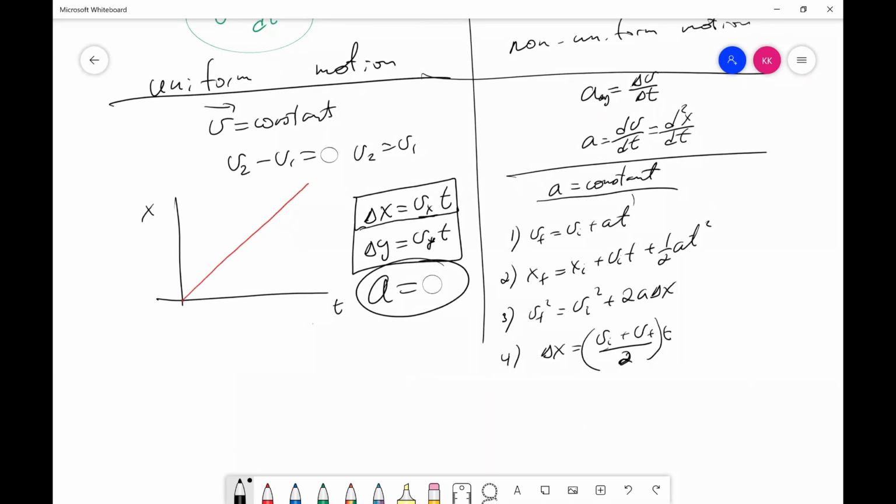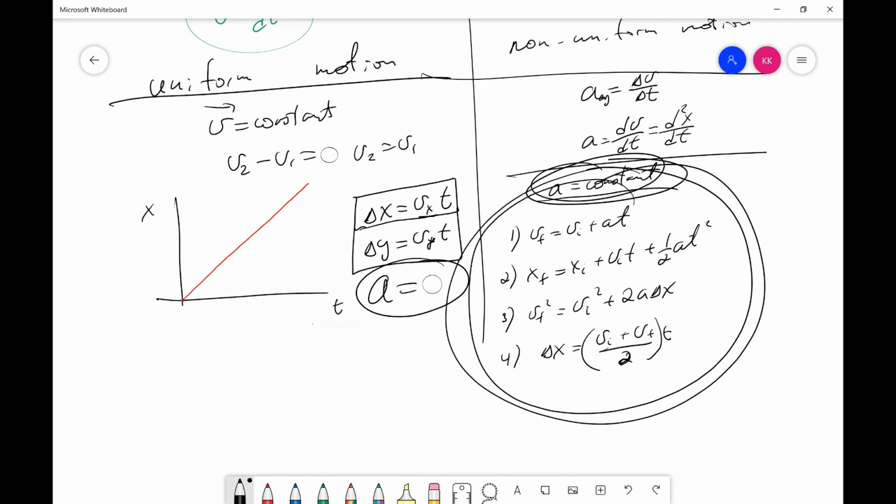We could use this to figure out how far the object moves as a function of time, what the final speed is, what the acceleration is, and how much displacement the object has if it's moving at some constant acceleration with some velocity. With anything in kinematics, assuming there's a constant acceleration, we use these equations.